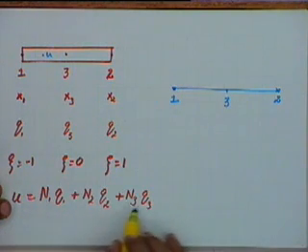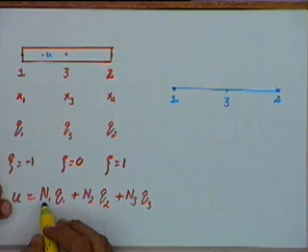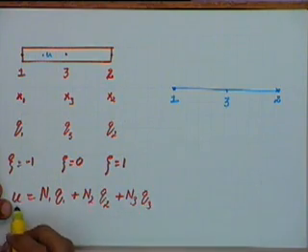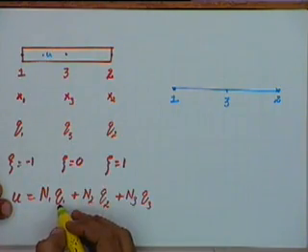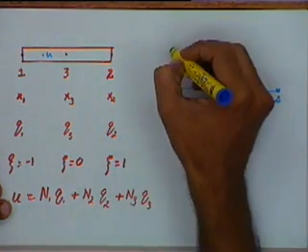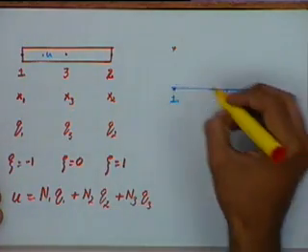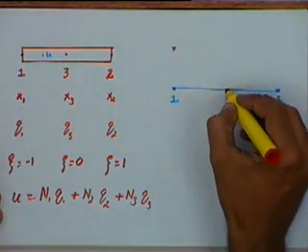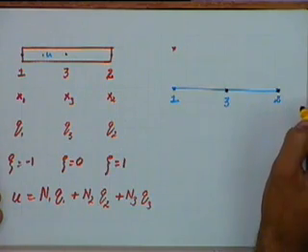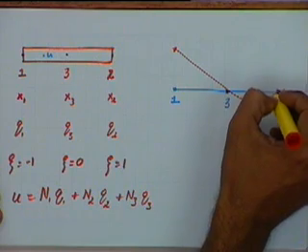Only then this will be a valid statement. If n1 is 1 and n2 and n3 are 0, u at point 1 will be equal to q1, and that is what we want. So the curve in this case would look something like this, as it is 1 here, 0 here and 0 here, and it is a quadratic curve.